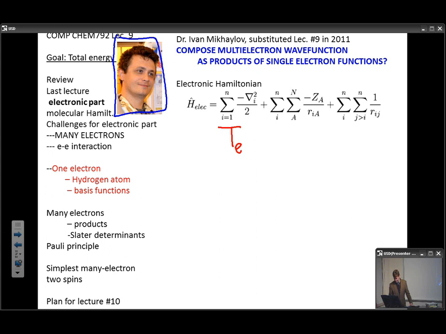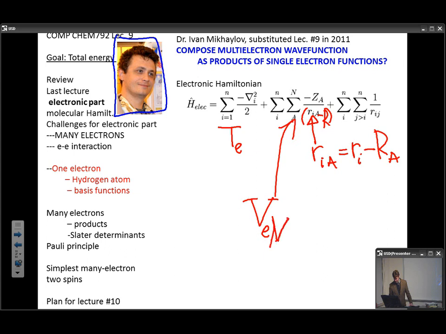And he was intentionally forgetting about the positions of ions. No, he was not. This is abbreviated: R I sub A, and his notation stands for the distance between electron and ion number A. So this term was for the potential energy of electrons attracting to nuclei, and this term is for the potential energy of electrons interacting with each other.